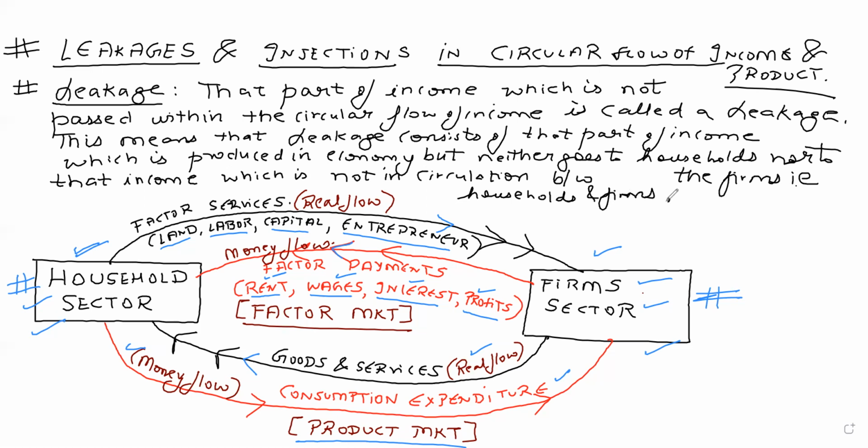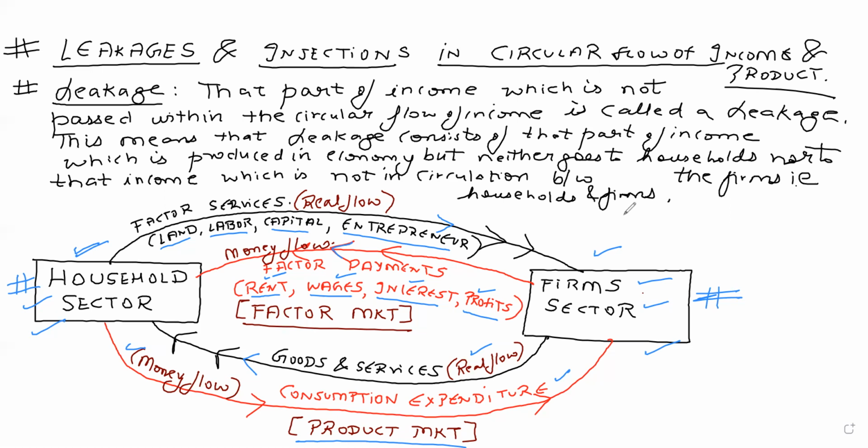So leakage will include that part of income which is produced in the economy, but which is not within the circular flow of income. That means leakage will consist of that part of income which is not circulating between the households and the firms. It is outside this system.